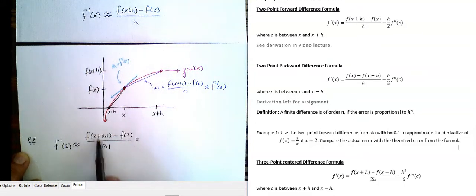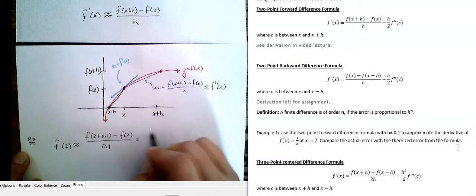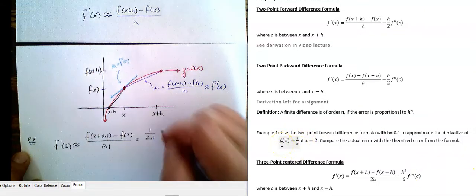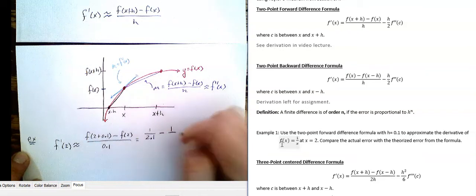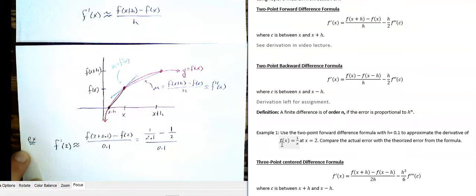Well, what is f of 2 plus 0.1? That is f of 2.1. So that would be 1 over 2.1, because our function is 1 over x, right? Minus 1 over 2 all over 0.1.